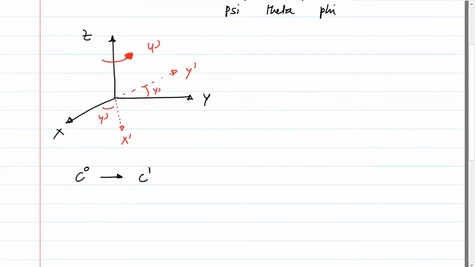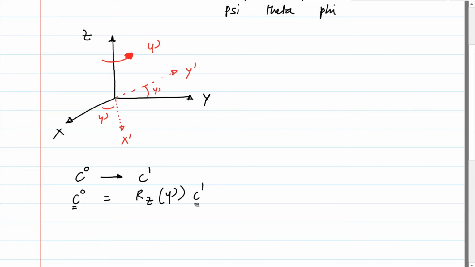And we can basically write the equation relating C0 and C1. So if C0 equals R_z(psi) C1, what this rotation matrix is saying, and this is actually pretty confusing to people. The confusion is why is C0 on the left side, why it's not on the right side.